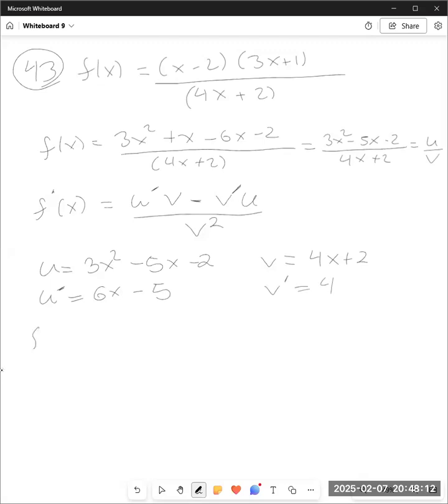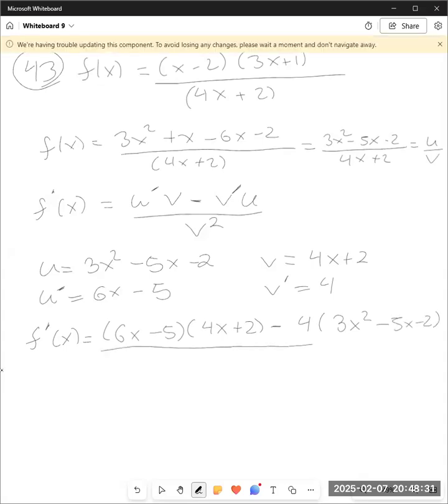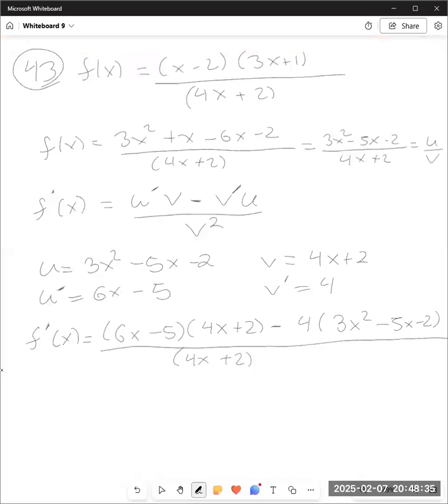So that makes f prime of x equal to u prime times v minus v prime times u all over v squared.